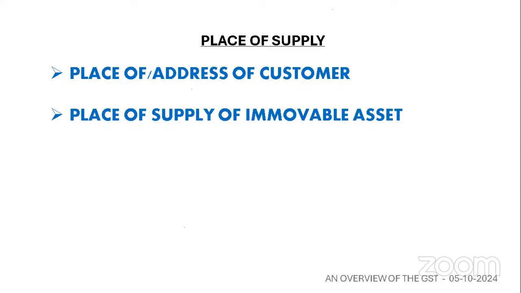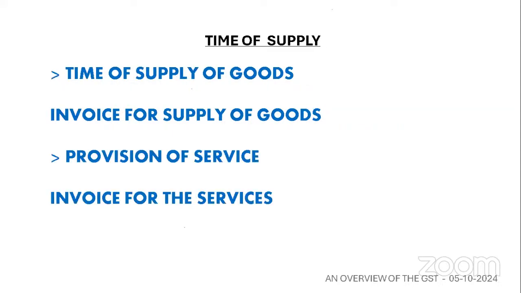So, the person who gives the property on rent and the person who takes the property on rent are both sitting in different states. In spite of that, the place of supply and place of supplier will be Chennai, and the intrastate taxes, that is the central GST and state GST, will be levied on those supplies.